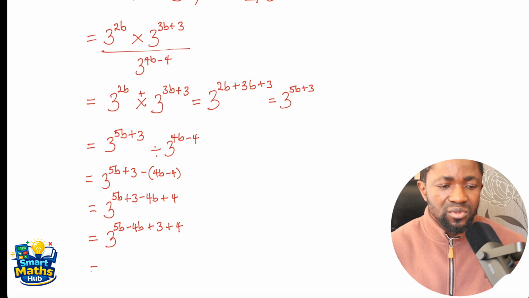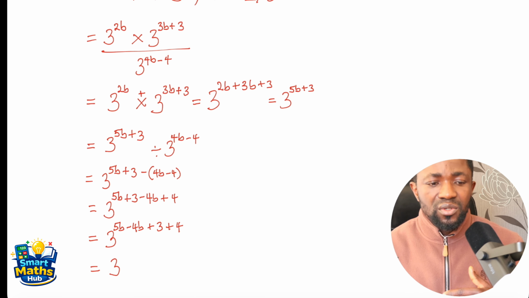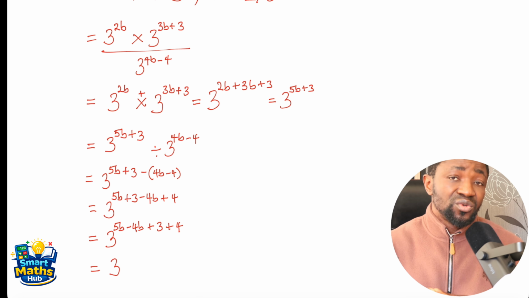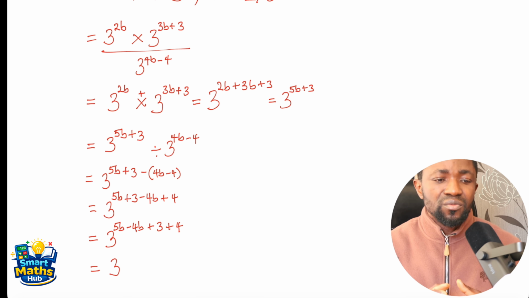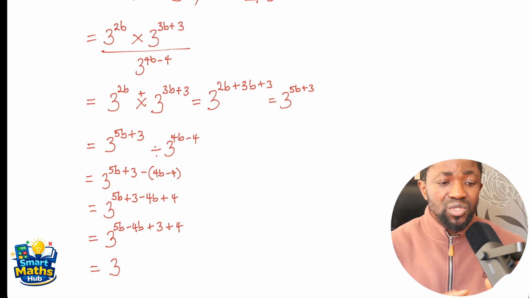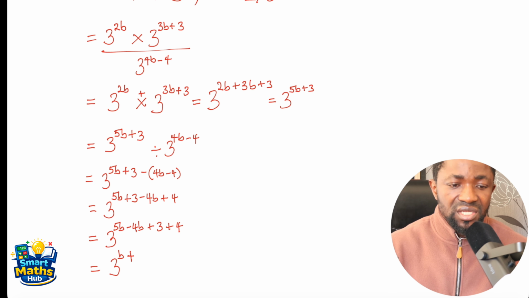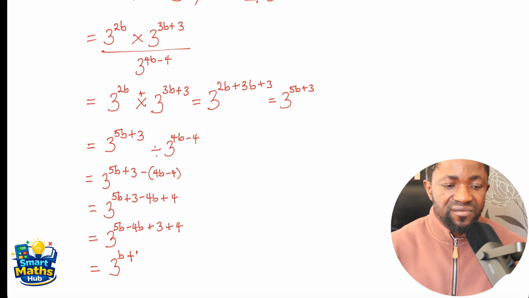So you have 3 raised to power, 5b minus 4b, that means it's going to give you 1b, but don't call it 1b. It's going to give you b, because 1 times b is the same thing as b. So don't write 1b, write b. Now plus 3 plus 4, you have 7.